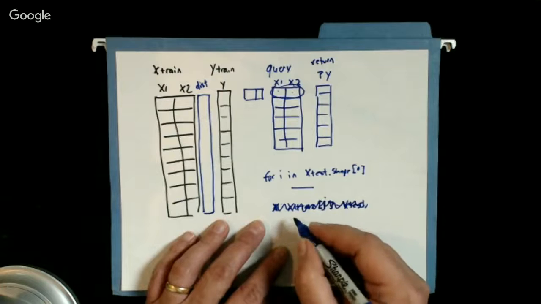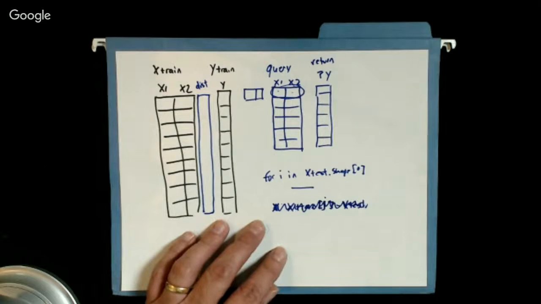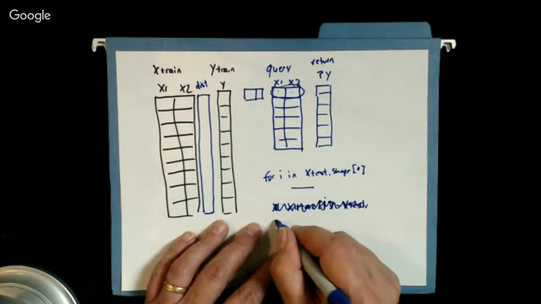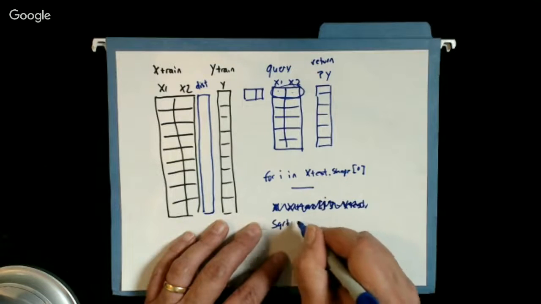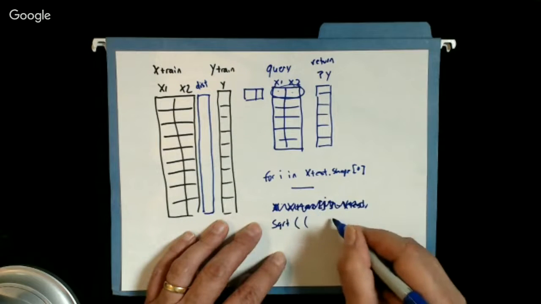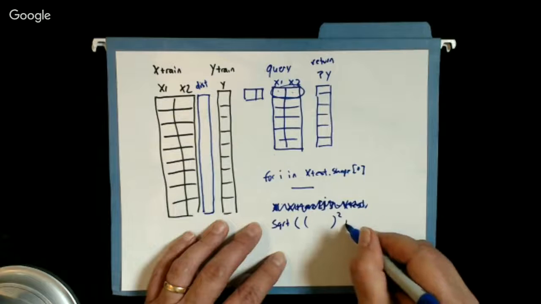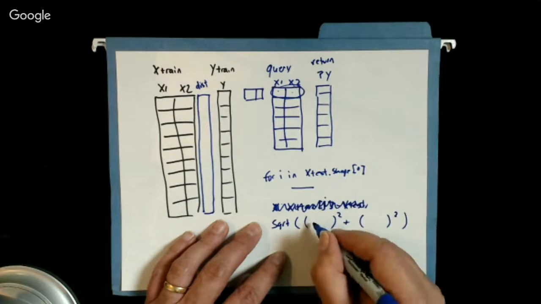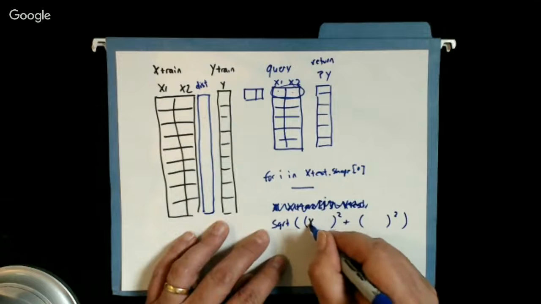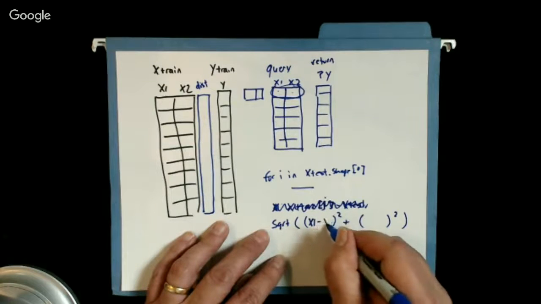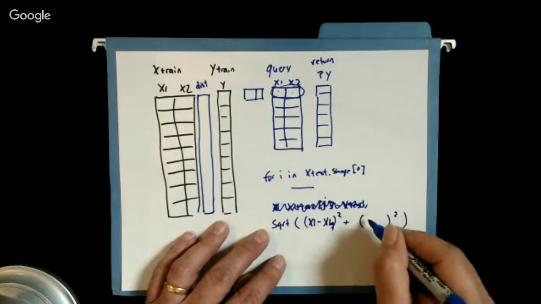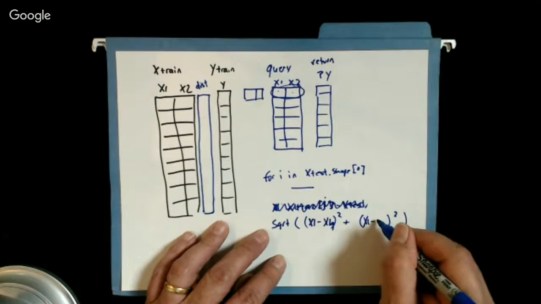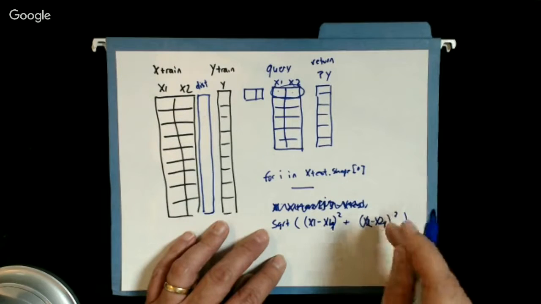Let's just sketch out Euclidean distance. So it's the square root of x1 minus x1 query squared plus x2 minus x2 query squared.